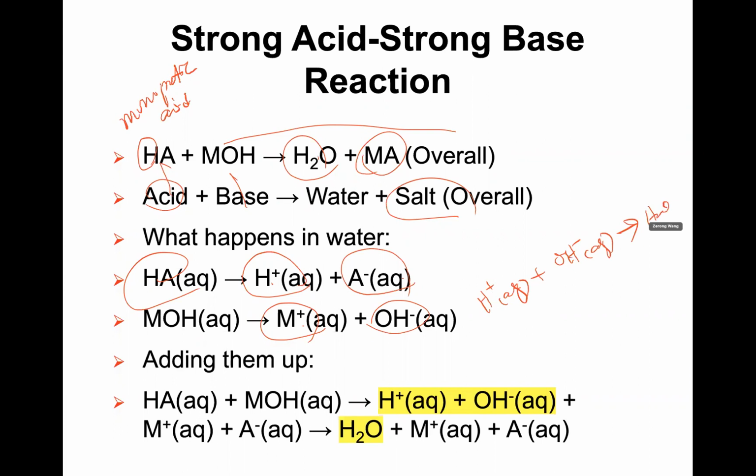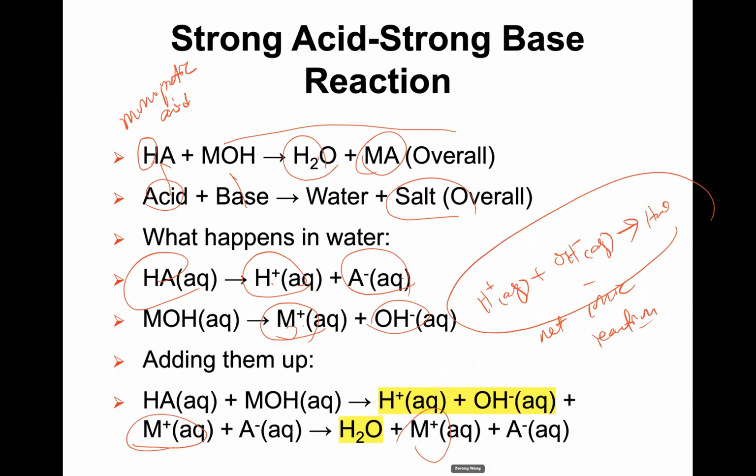This is the net ionic reaction. When you do acid-base titration, you actually carry out this reaction, because the metal cation and the conjugate base stay the same on both sides and cancel out. The only thing left is the part highlighted here in yellow.